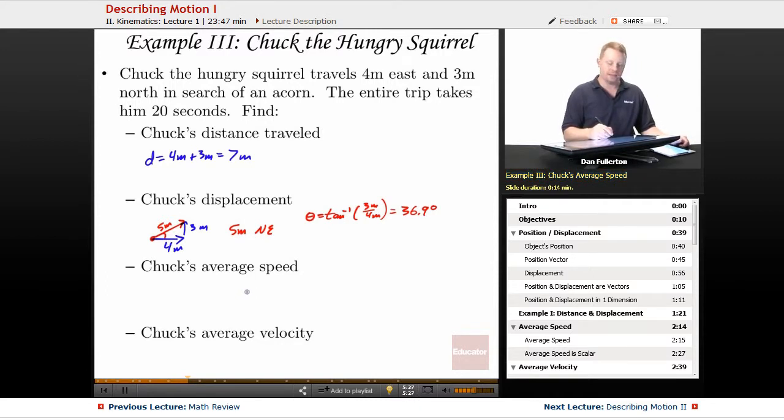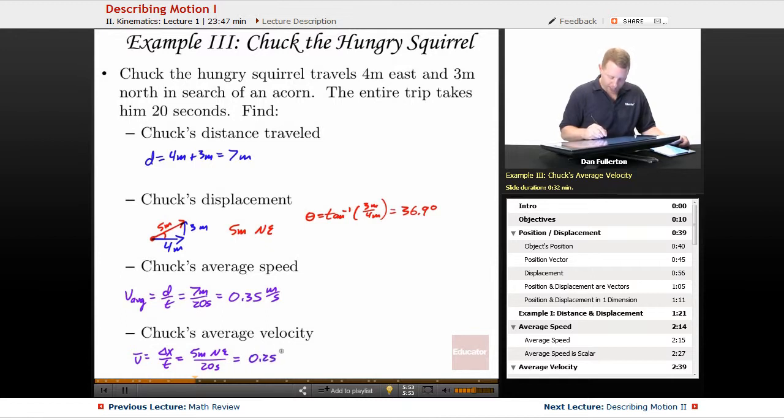Chuck's average speed is going to be distance divided by time, or 7 meters over 20 seconds, which is 0.35 meters per second. Chuck's average velocity is a little bit different: delta x over t, his displacement divided by time, which was 5 meters northeast over 20 seconds, or 0.25 meters per second, and it's a vector.